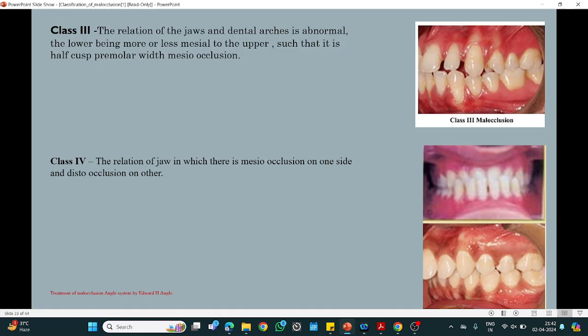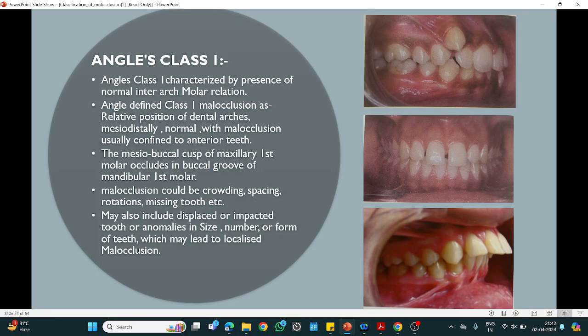In class 4, it is the relationship of the jaws in which there is mesio-occlusion on one side and distal occlusion on the other side. Now the various types seen in Angle class 1 malocclusion. Class 1 is characterized by the presence of a normal inter-arch molar relation.